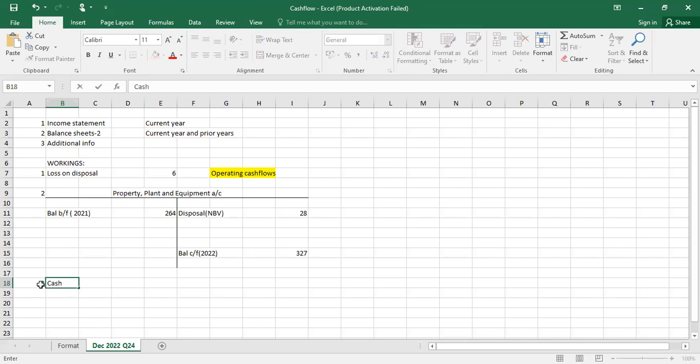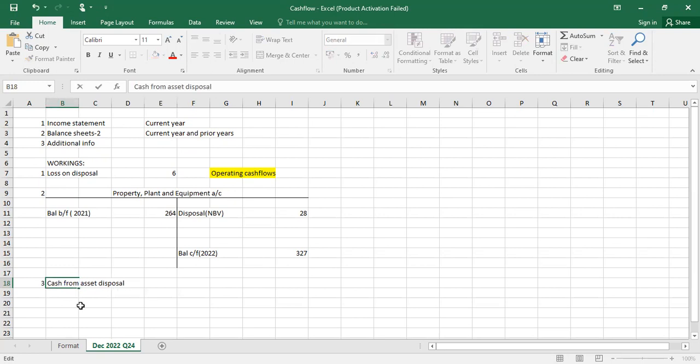And because the statement of cash flow is concerned about cash, we have to compute the cash from sale. The next working with respect to the disposal is therefore how much is the cash from asset disposal, and this we shall compute based on the disposal info.